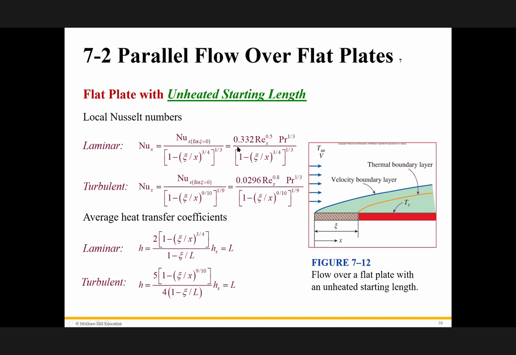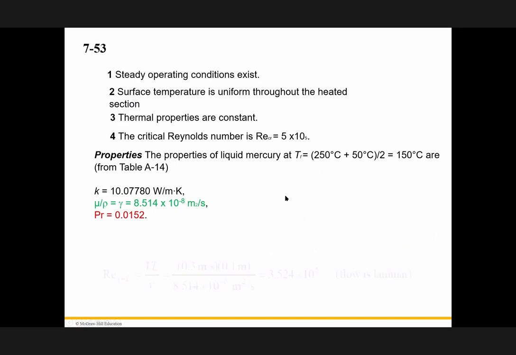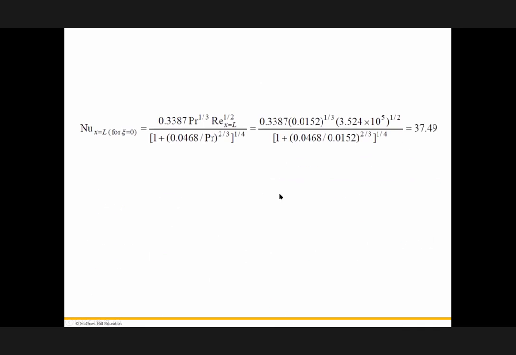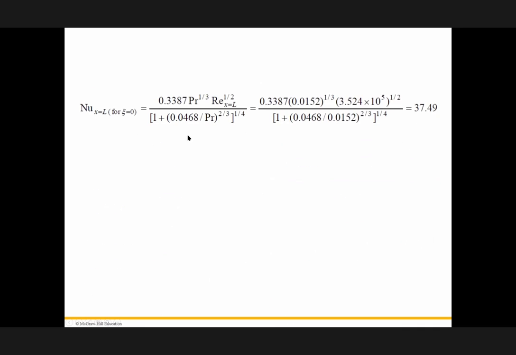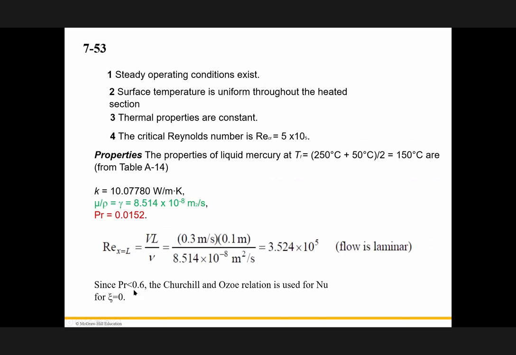If you look at your textbook, this is for the case when the Prandtl number is less than 0.6.